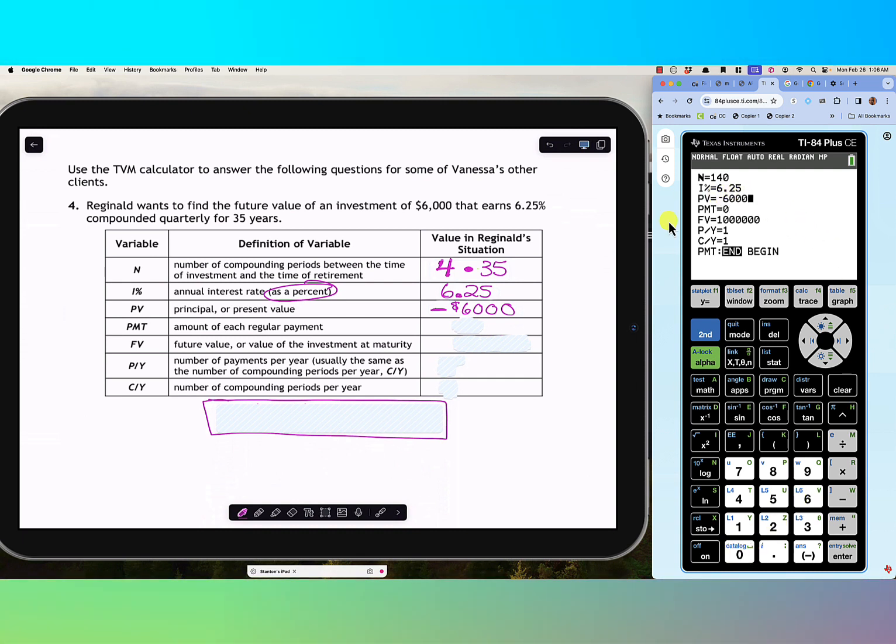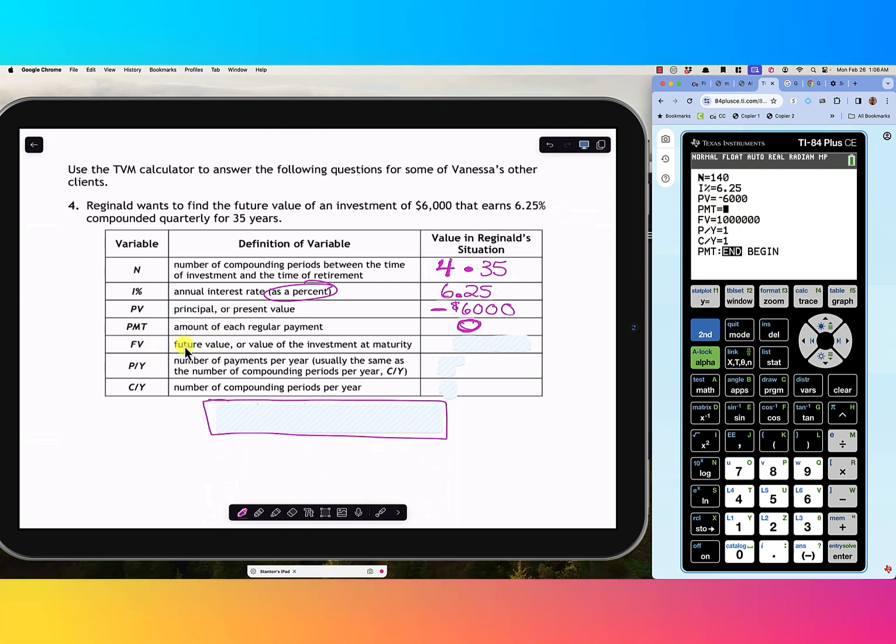Payments. Are we making regular payments? No, we're not, so we leave that as 0. We press enter and leave the payment as 0.